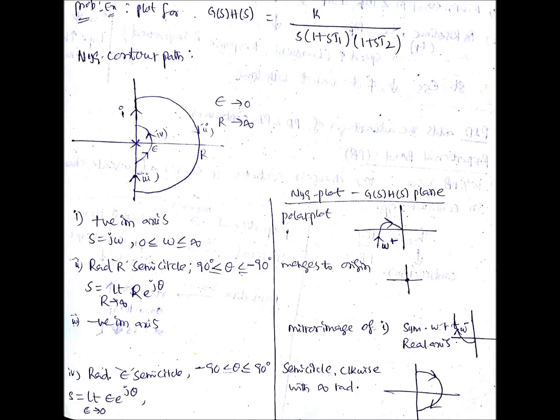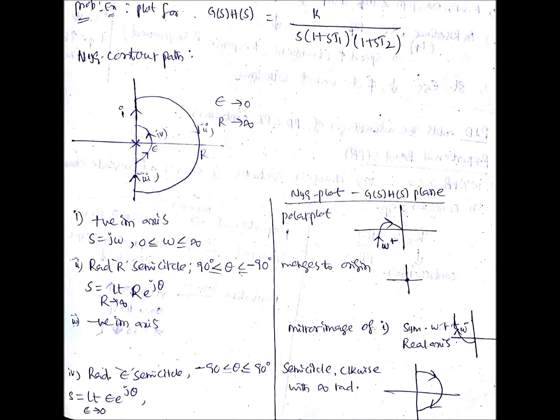When R tends to infinity, the total Nyquist plot is going to merge to the origin, because K divided by s into (1 plus sT1) into (1 plus sT2), when R e power j theta, which is s, tends to infinity, gives 0. That's what I'm showing.